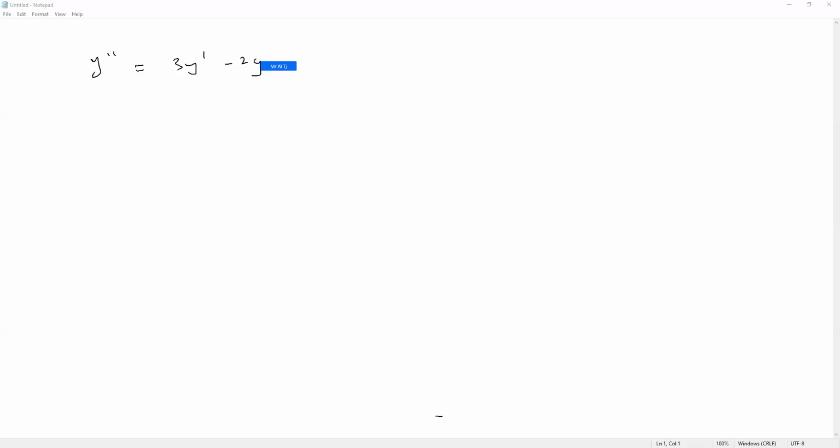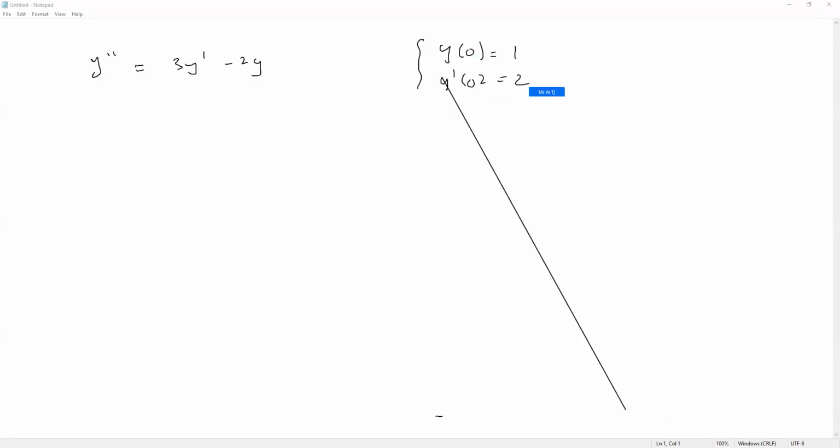I'm not writing the function of x because it's supposed to be clear from the question itself. y double dash is equal to 3y dash minus 2y. And we also have the boundary conditions: y(0) is 1 and y dash of 0 is 2.